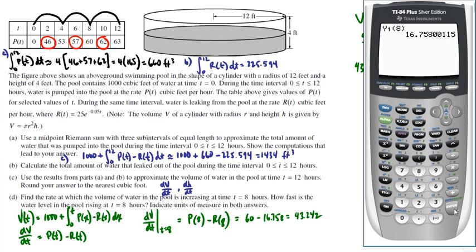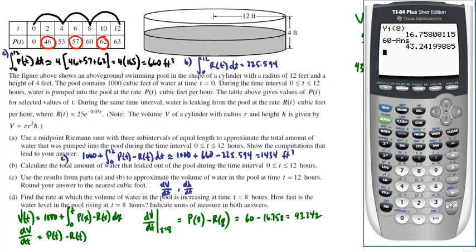Then we can do 60 minus that answer, and we ended up with 43.242. So that's dV/dt at time t equals 8.